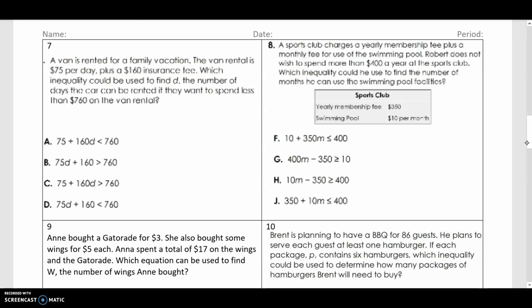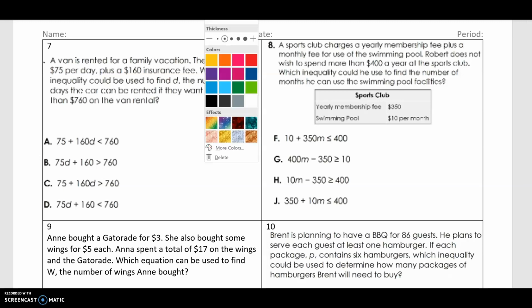Which inequality can be used to find the number of months that he can use the swimming pool facilities? So he has to pay that yearly membership fee plus the monthly fee. And it says he does not want to spend more than $400. Okay? So already I know that we're talking about a total of $400.